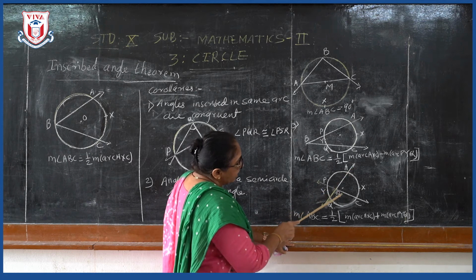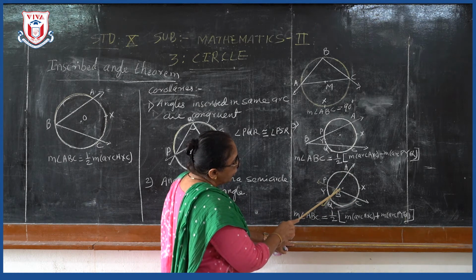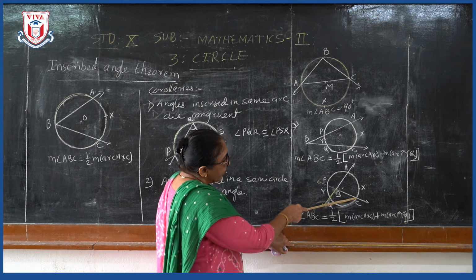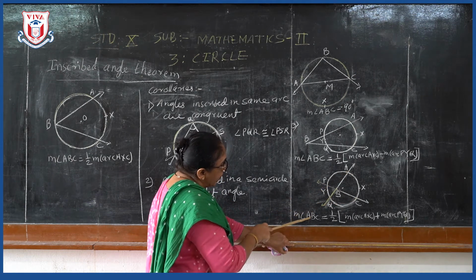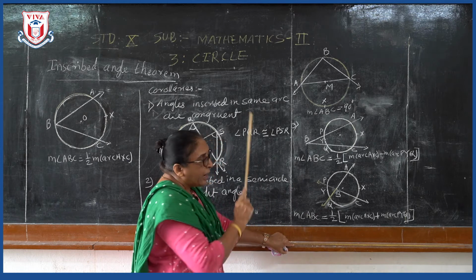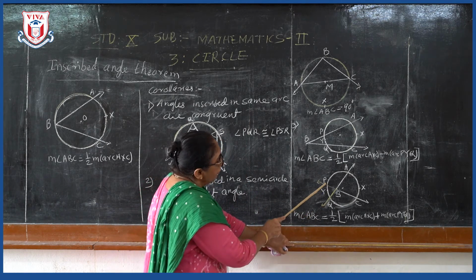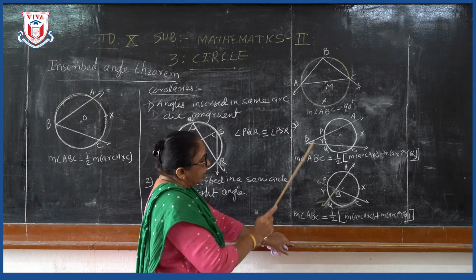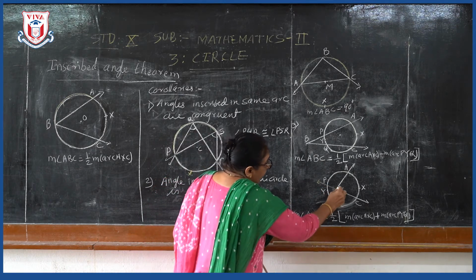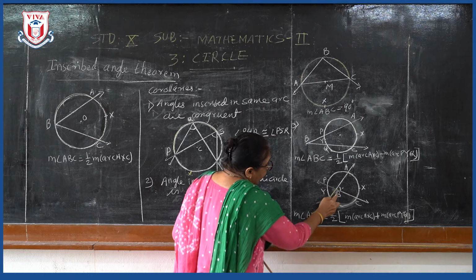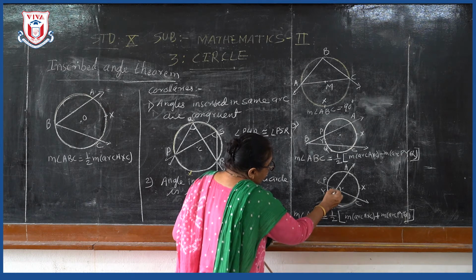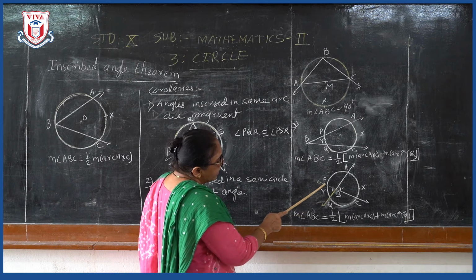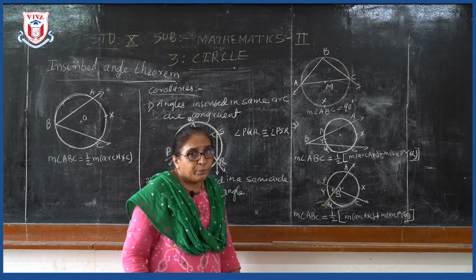Now ABC, if we want to see the relationship, this angle ABC intercepts the arc AXE, and if we extend this AB and this CB on the back side, suppose they meet the circle at points P and Q. So this angle ABC and angle PBQ are vertically opposite angles, and angle PBQ intercepts the arc PYQ.